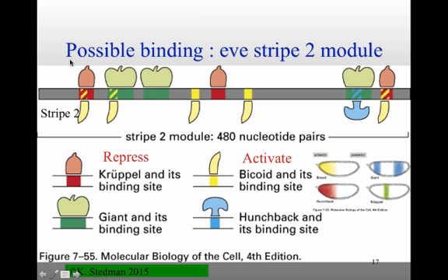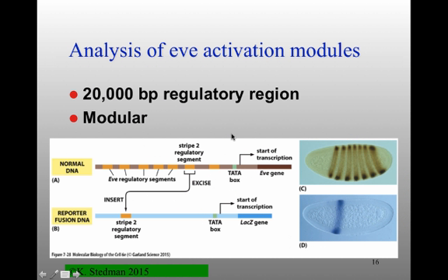And so when you say potential binding sites here, this gets back to some of the experiments which we talked about last time, or at least in my last lecture, where we looked at band shift assays, for instance. If you took this piece of DNA, the stripe 2 regulatory region, this module here, 480 base pairs of that about 20,000 total that we had on the last slide. So the 20,000 here, that's about this piece here.